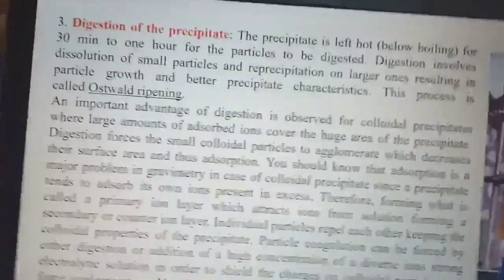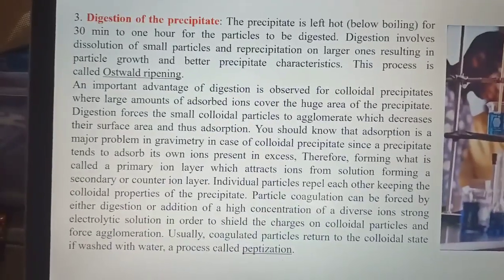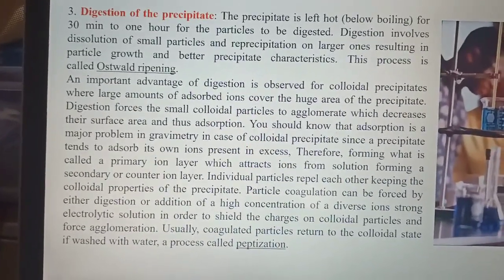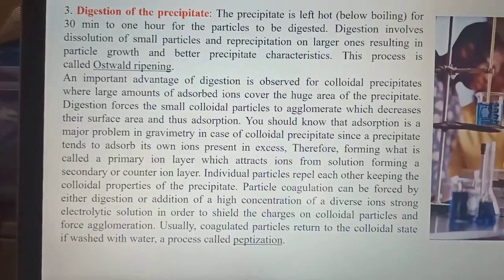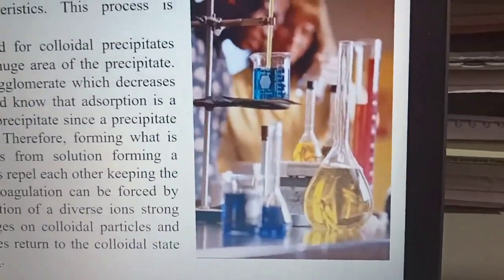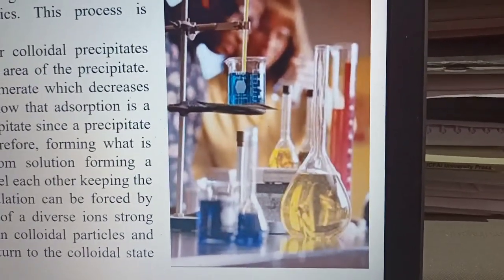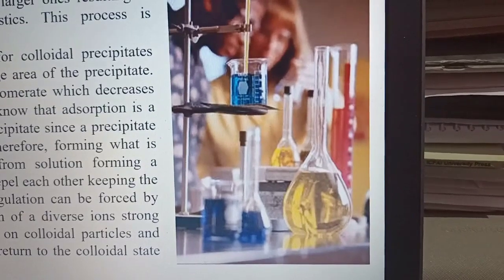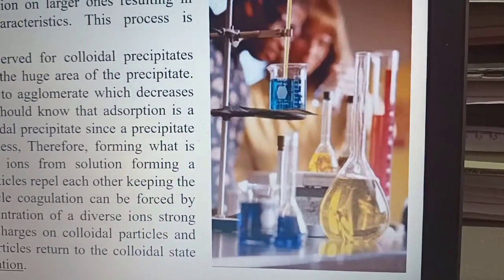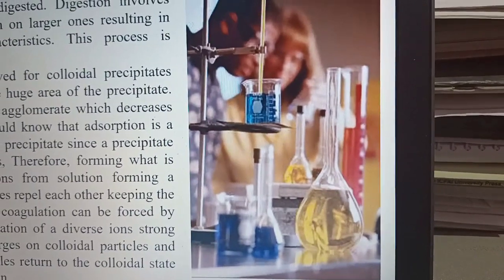Okay. Now the third step which is involved in this quantitative analysis is digestion of precipitate. So let us see this diagram. Here solution is taken in a beaker of a standard known mass, which is dissolved in a 250 ml measuring flask.